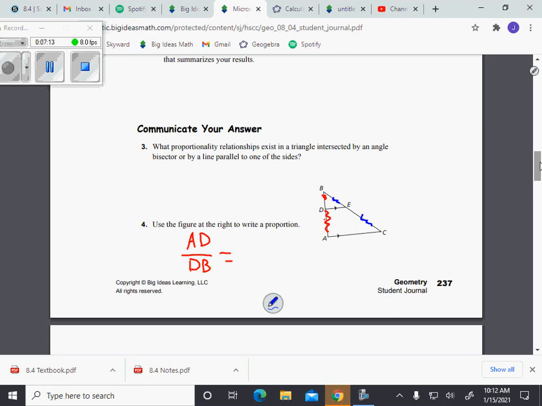Well, I have to say, if I said AD first, the bigger side, then it has to be CE on top over EB. Okay. So they're proportional. They have proportional sides.